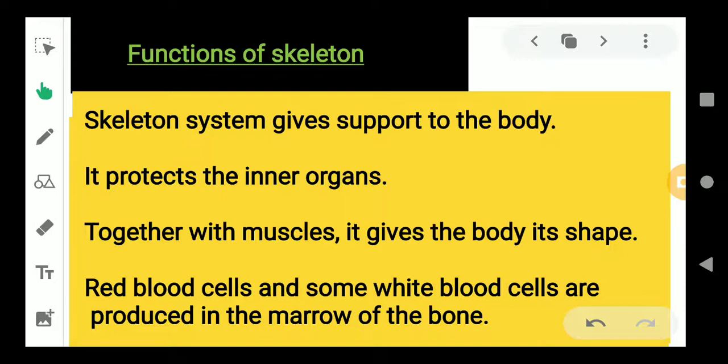So, the functions of the skeleton are: it gives support to the body, it protects the inner organs, gives shape to your body, and produces some RBCs and WBCs. RBC means red blood cells and WBC means white blood cells. Please learn those four functions thoroughly.